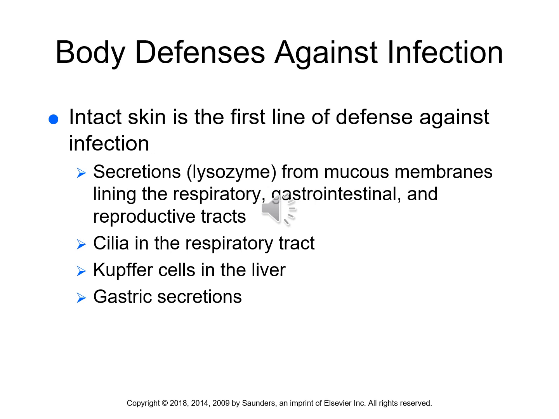You have the Kupffer cells, which are in the liver, and they destroy bacteria that might have found their way into the portal circulation, which is dealing with your liver. You have gastric secretions, which are naturally acidic.